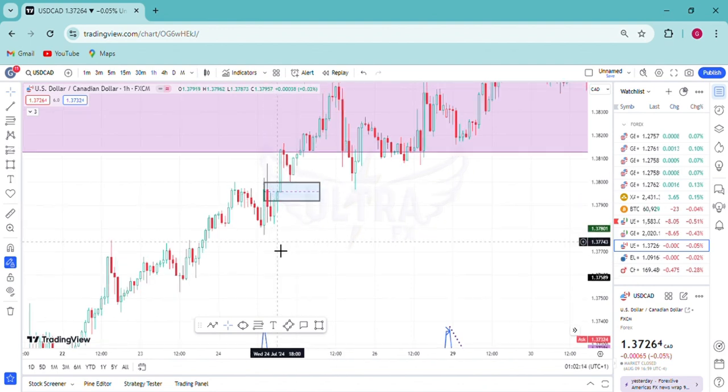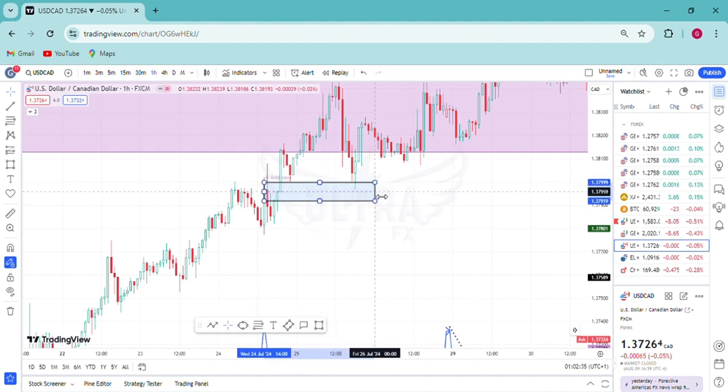So I hope you understand that there is a lower low and there is a higher low right here. You can see that the block after the lower low and the higher low is what is called our mitigation block. You can see that price tapped into it the first time, tapped into it again.